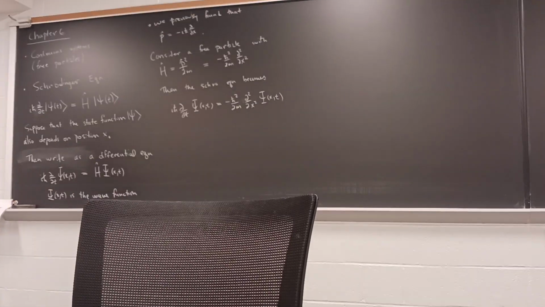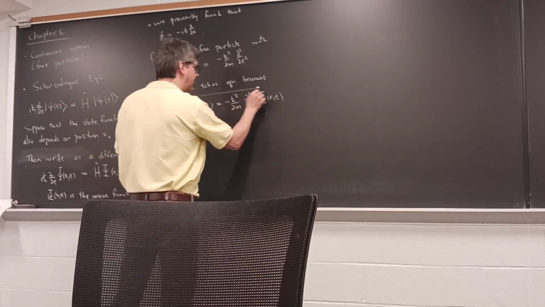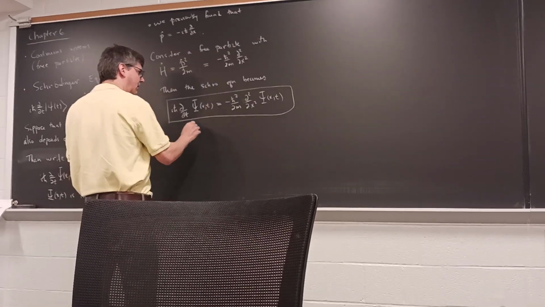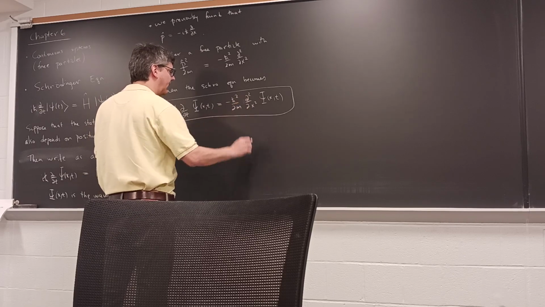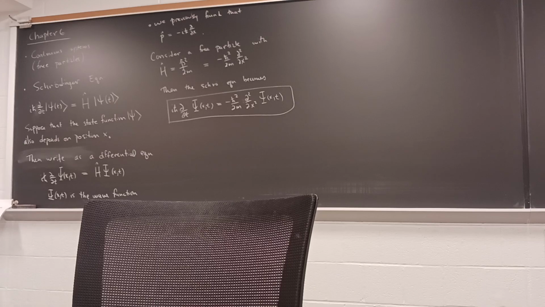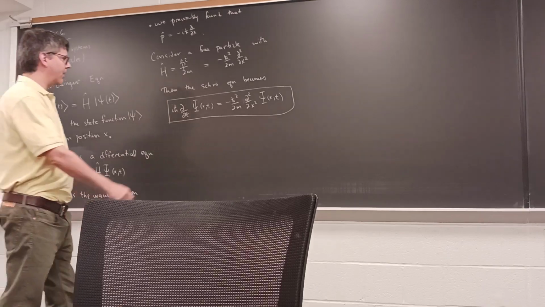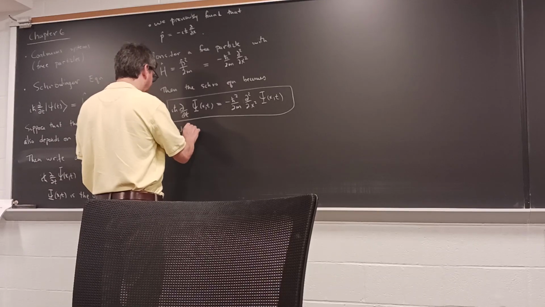Okay, so we just have a second order partial differential equation now. So for the moment, we have no potentials. And we want to consider solutions to this equation. We want to find solutions to this equation.